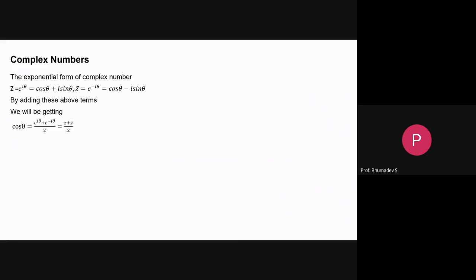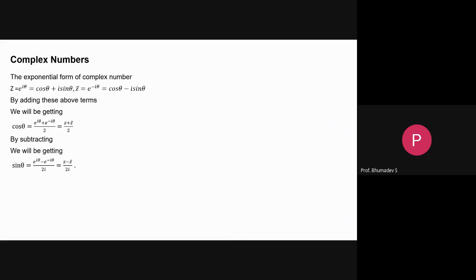By subtracting these two terms, z minus z bar can be written as 2i sine theta, from which we can write sine theta as z minus z bar upon 2i. In exponential form, it is e raised to i theta minus e raised to minus i theta by 2i.